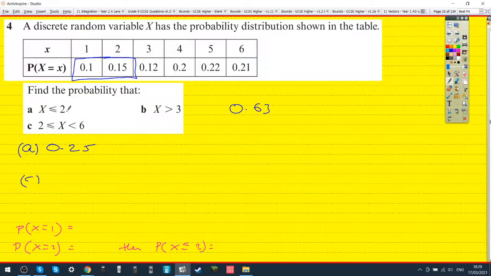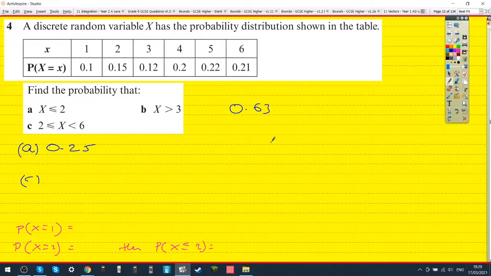No. So x has to be between 2 and 6. What's the difference between those two signs? One of them is equal to and less than, and the other is just less than.